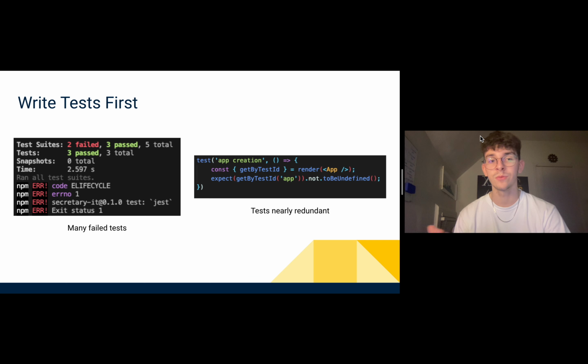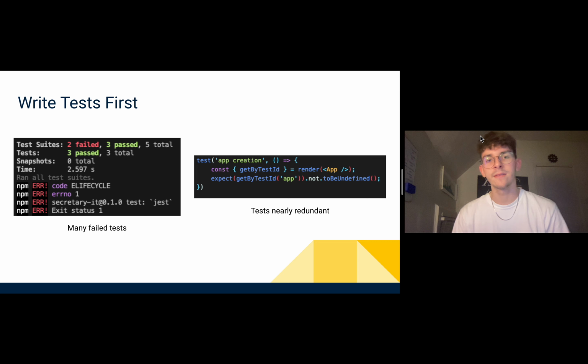And then even once we got the test framework working, on the right side you can see this is a test we have, and it's pretty redundant. It basically just checks if our initial entire app component is able to be rendered or not.